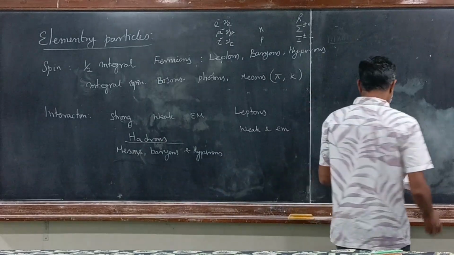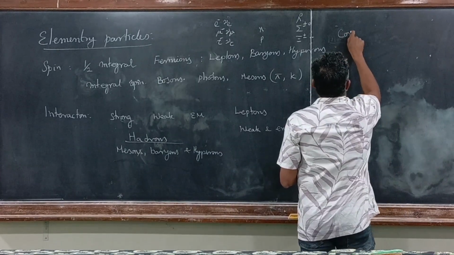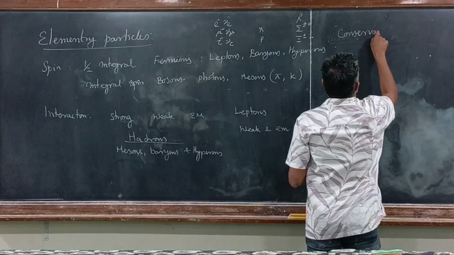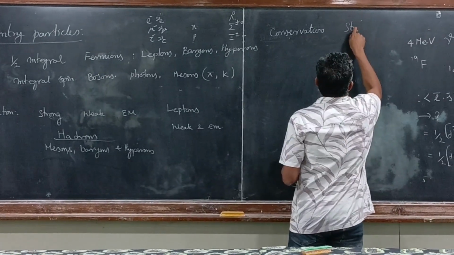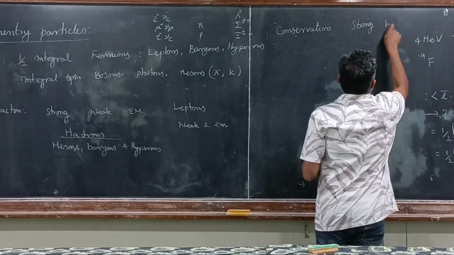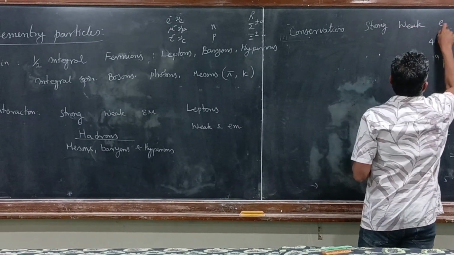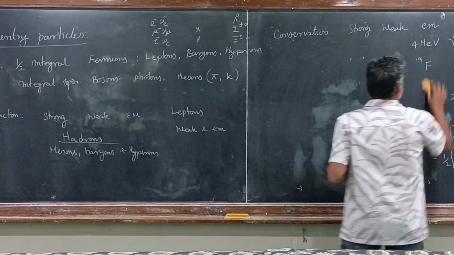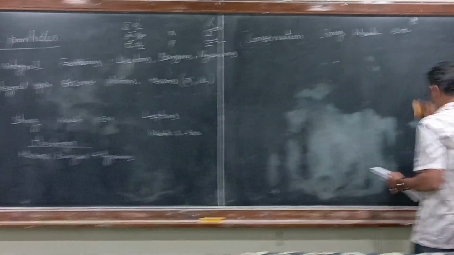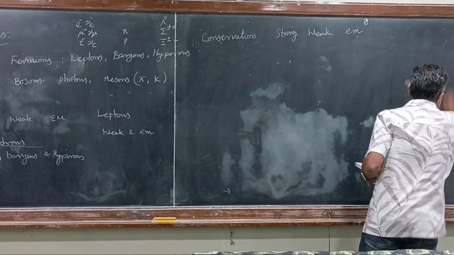So let's say you have conservation and the interaction, let's say strong interaction, then weak and electromagnetic. Okay, classify them.